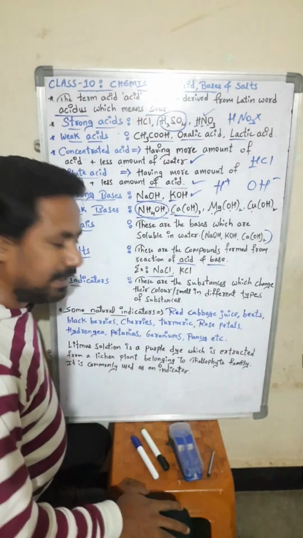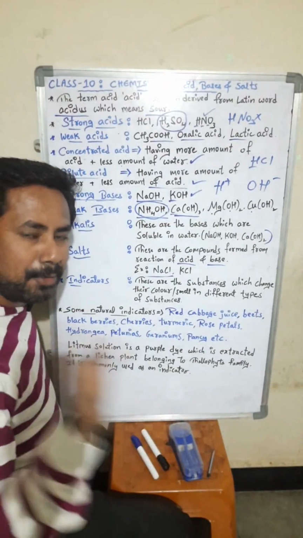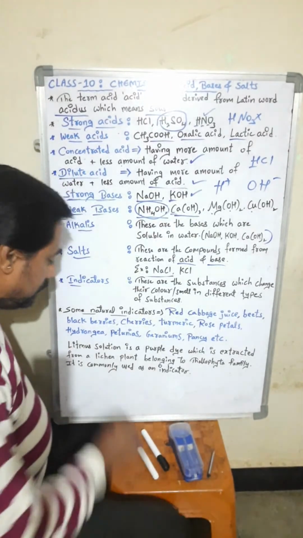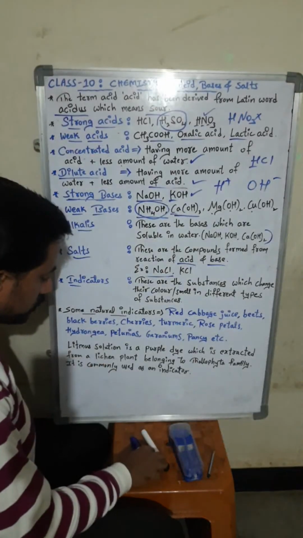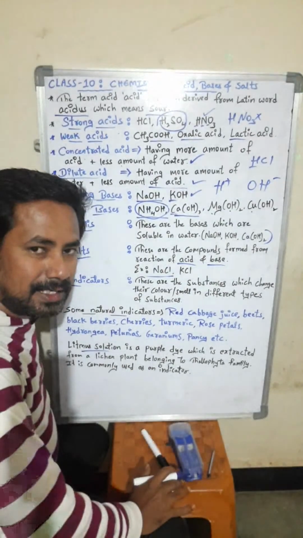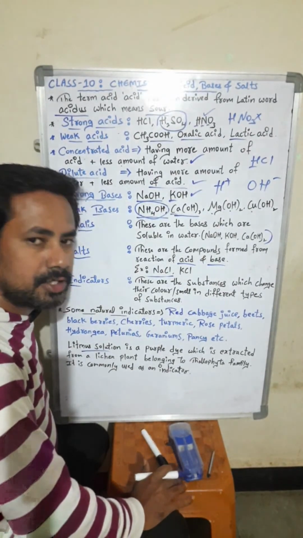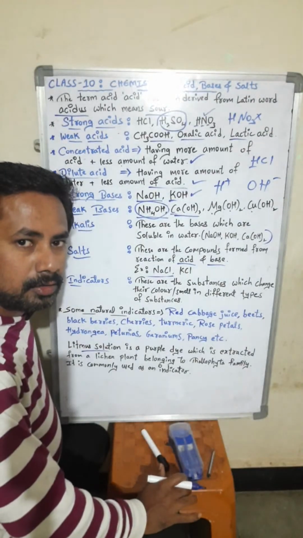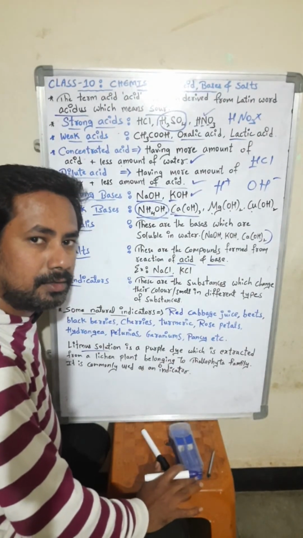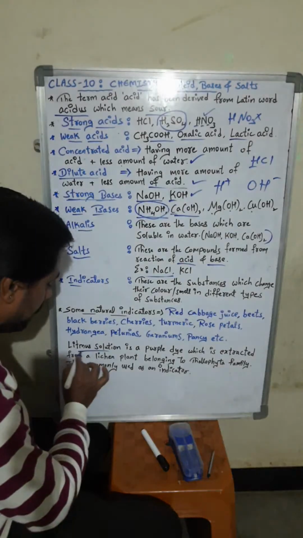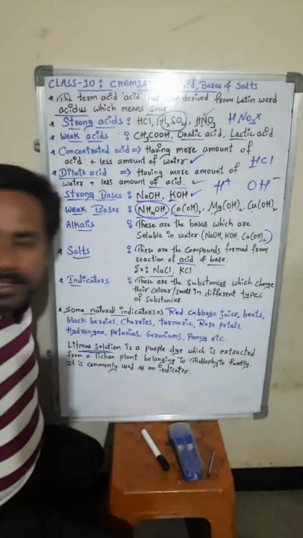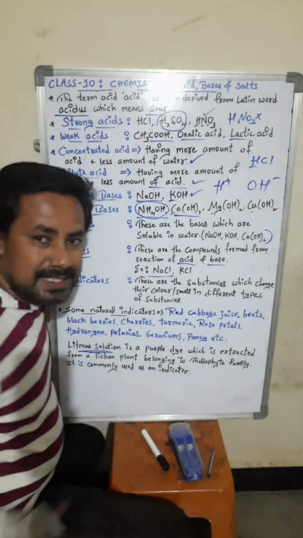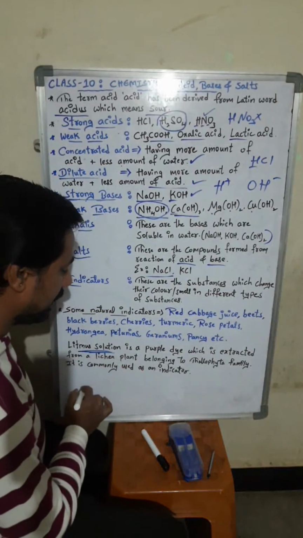Generally in chemistry laboratories, practicals, in college or high school, we use a common indicator known as litmus solution, students. How is this litmus solution prepared?